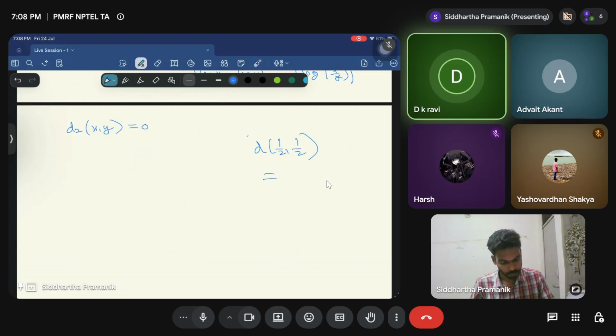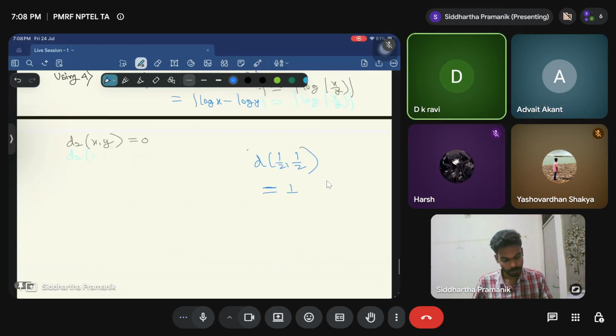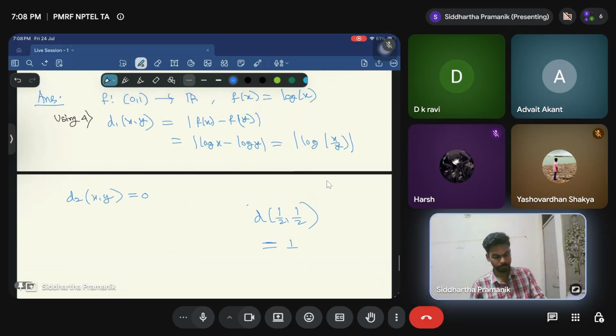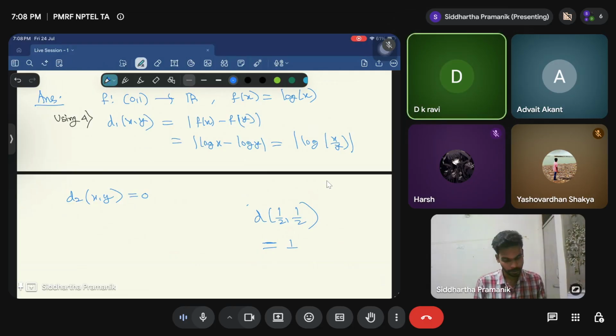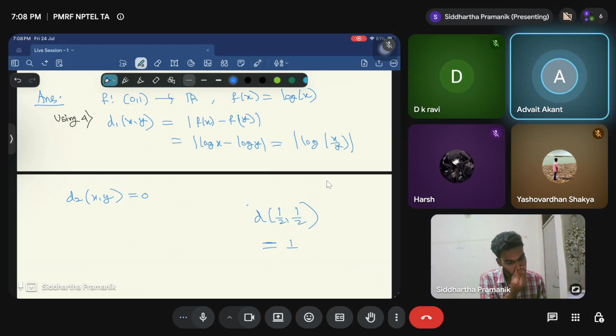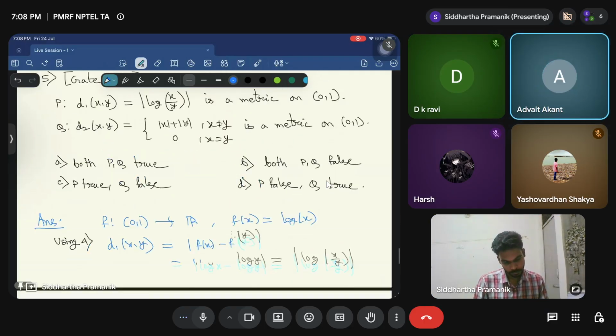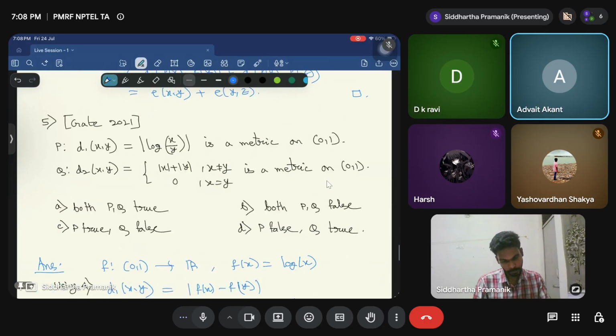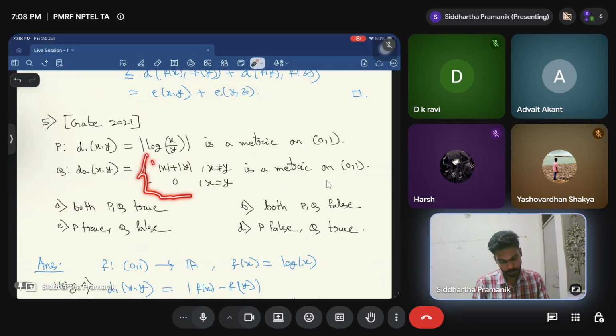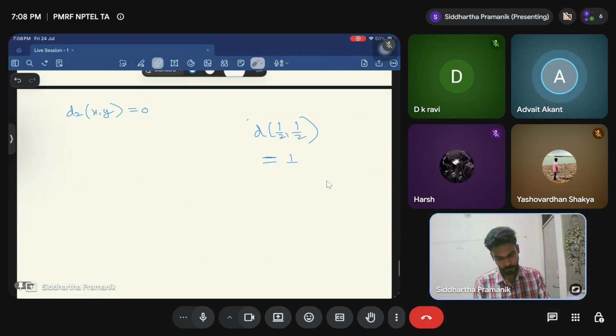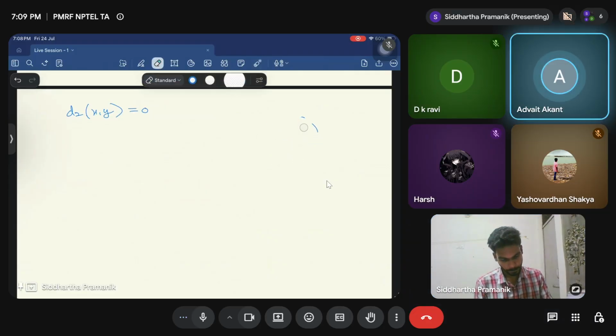Here x equals y. But what about the distance? How do they define it? It's 1. It's not 0, so it's not a metric. But 1/2 is equal to 1/2, so the distance is by definition 0. We need to use this definition only. When we take the same point, it should be 0. So all the conditions hold. I think just triangle inequality doesn't hold.